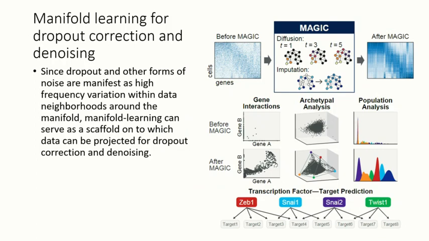So side by side, from the same group, they have another called MAGIC to do the single cell data imputation using the same idea as FATE.